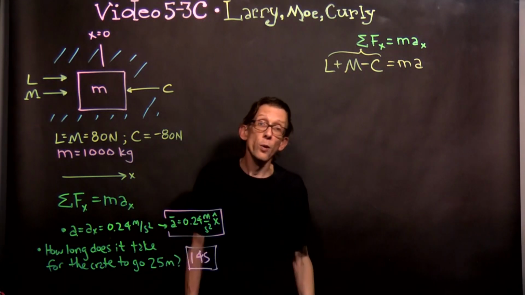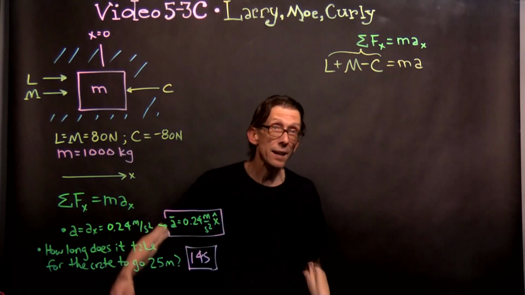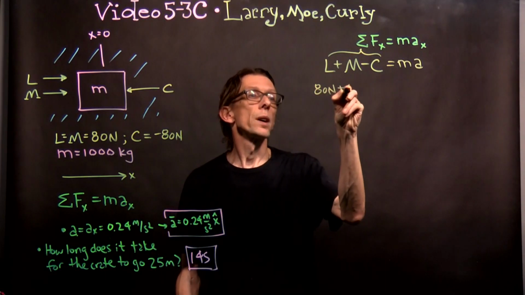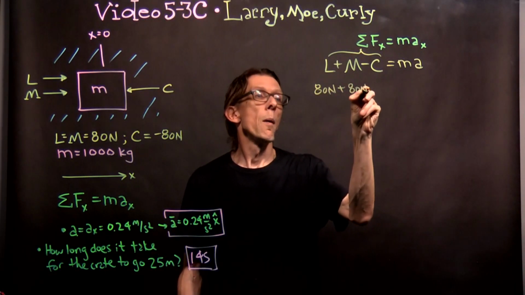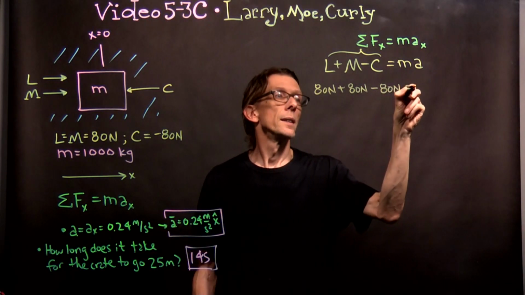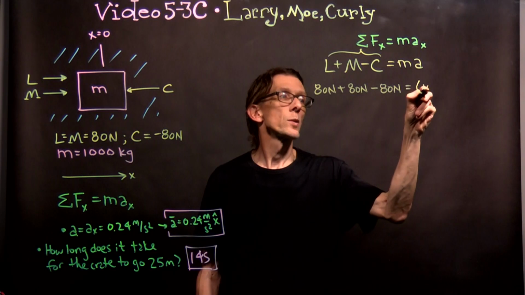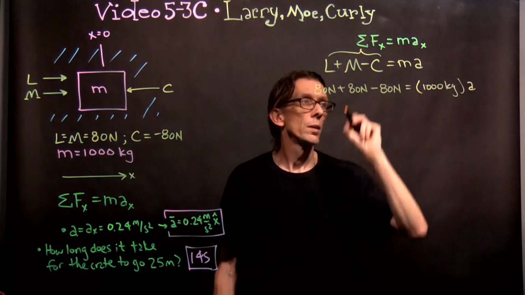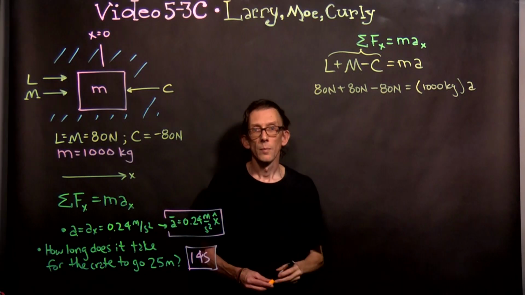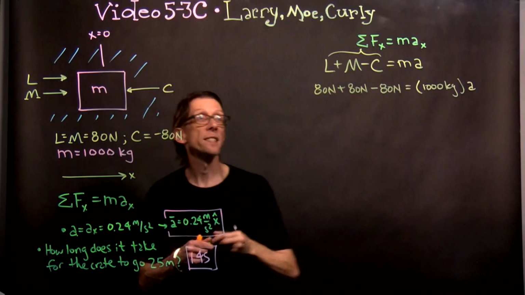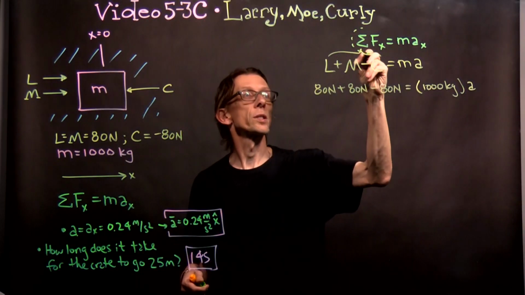So now the sum of the forces is not 80 plus 80 plus 80, it is 80 plus 80 minus 80 is the mass 1,000 kilograms times A. This is how the left-hand side of this equation works.